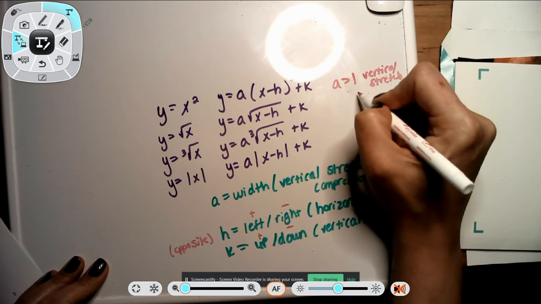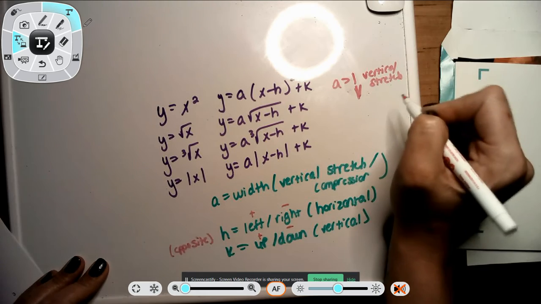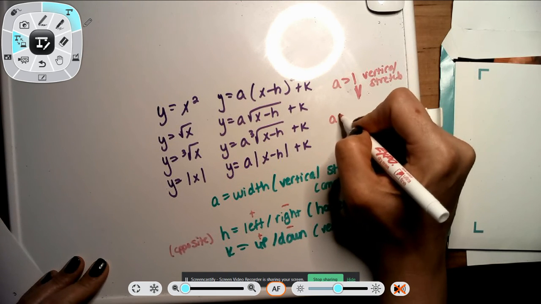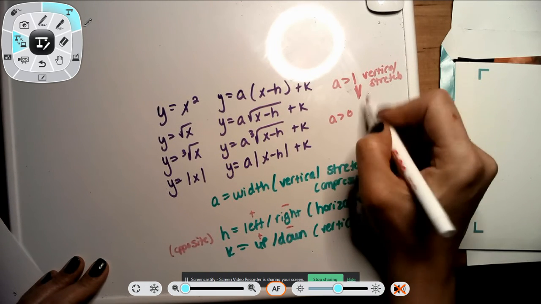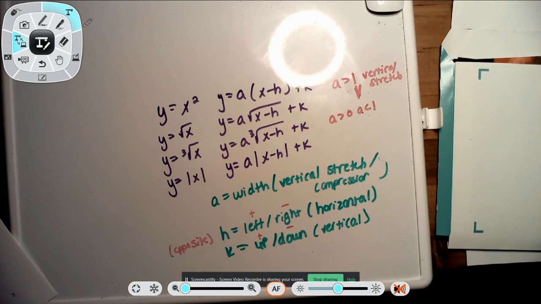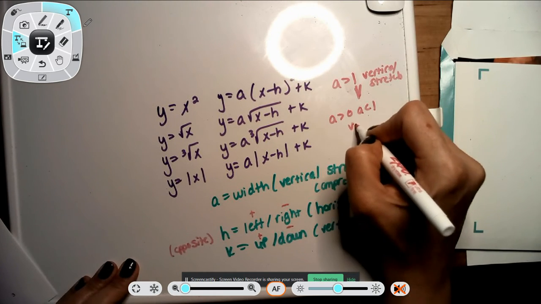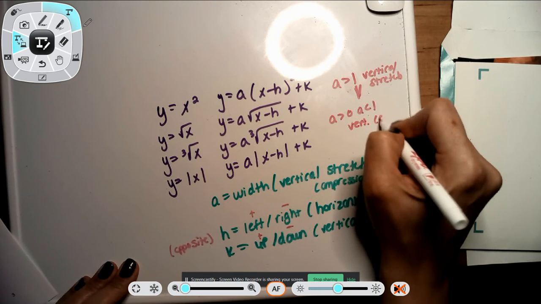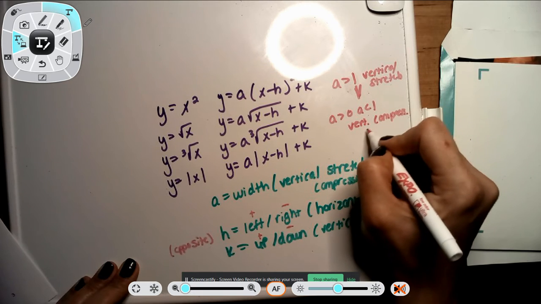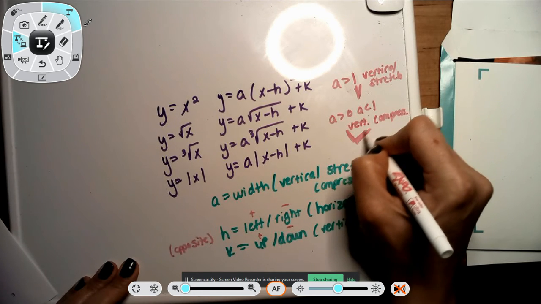Okay, so that means it's a very narrow graph. If a is greater than 0 but less than 1, okay, so a is between 0 and 1, it's what we call a vertical compression. And that looks like a very wide graph.